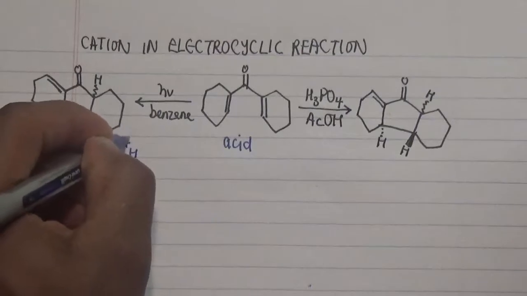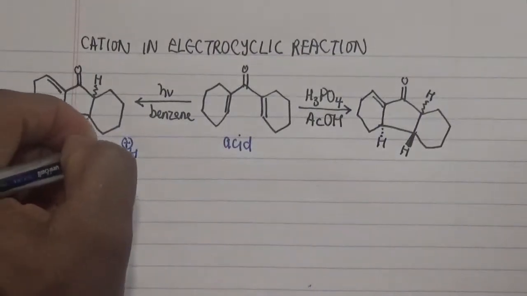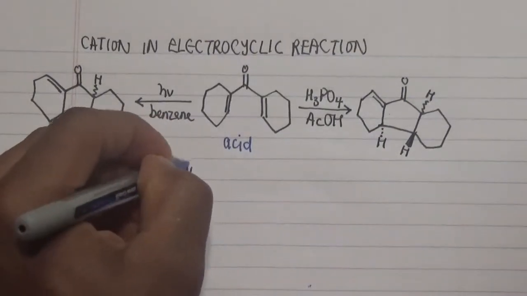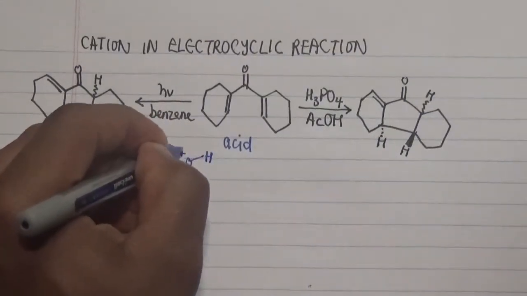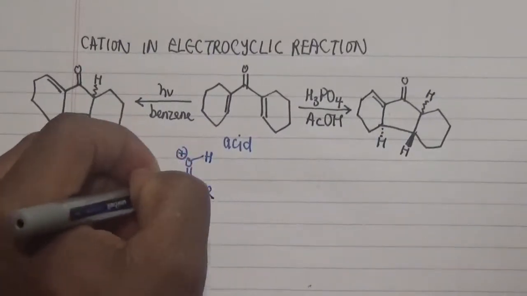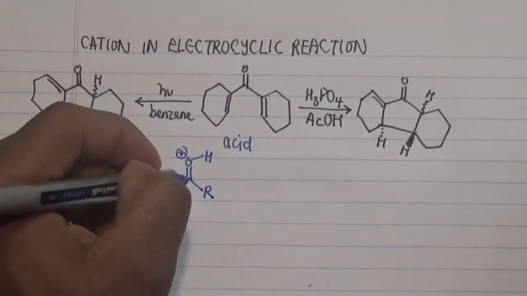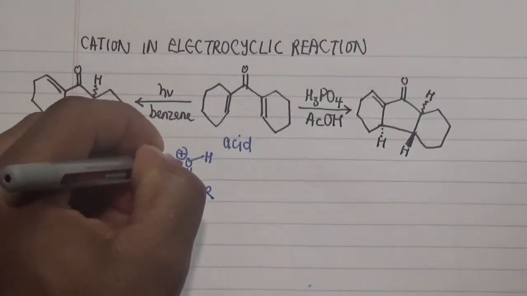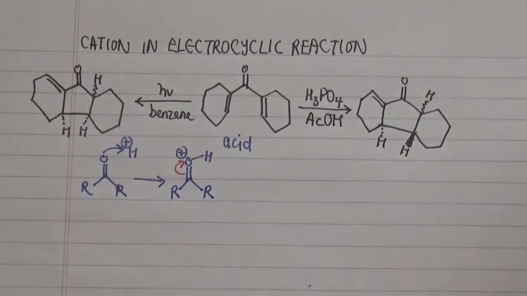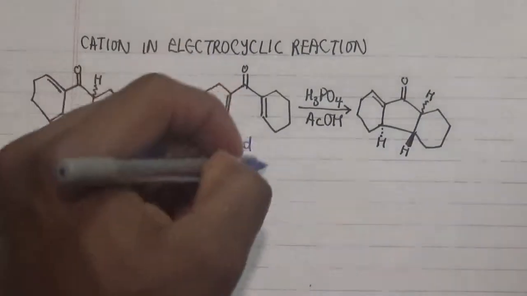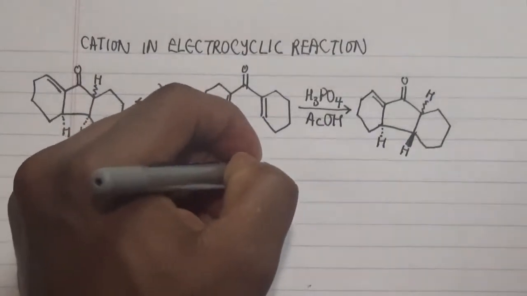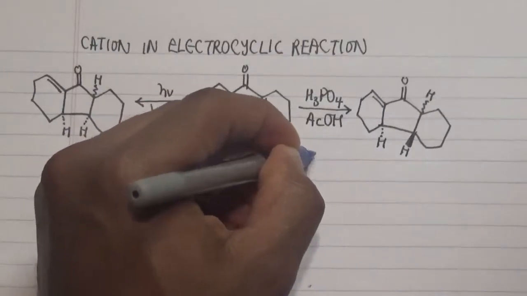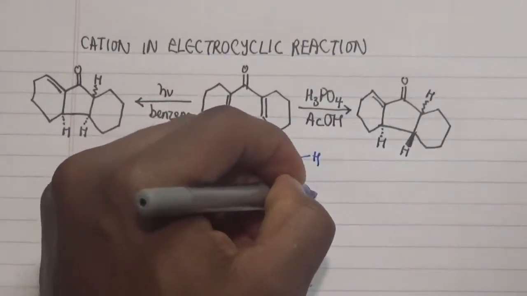Once you introduce an acid, this oxygen picks up the proton, and we have an intermediate where our oxygen has a positive charge, with the R groups present. We are influenced by this carbon where we have the double bond forming a lone pair on the oxygen, and what we generate is a movement of charge from the oxygen over to the carbon, forming a carbocation on the carbon of our compound.